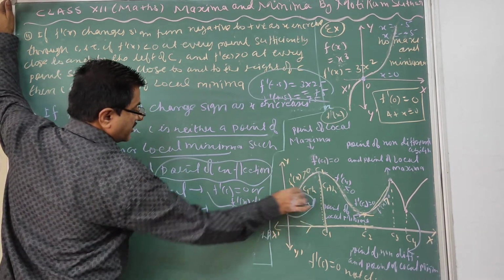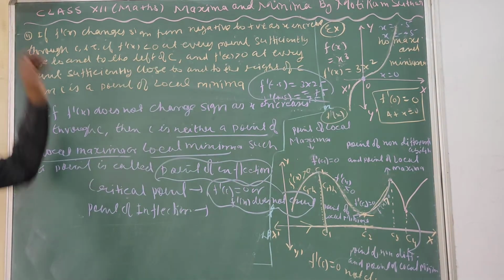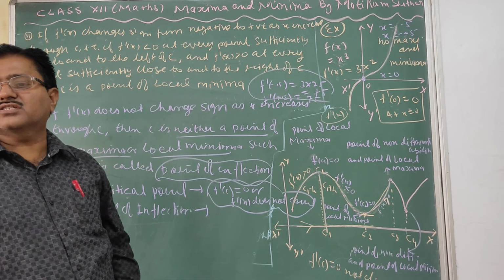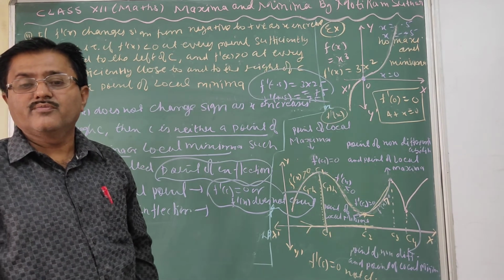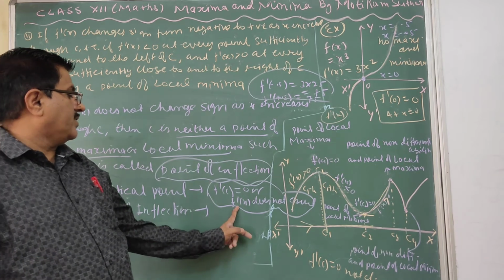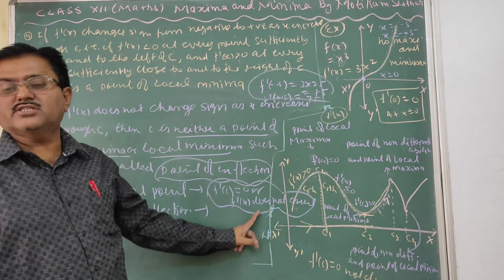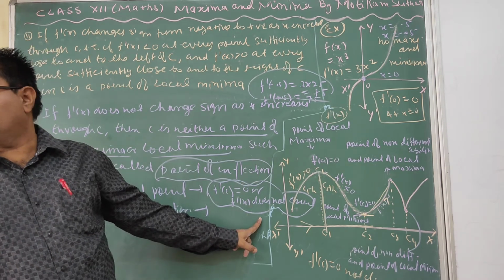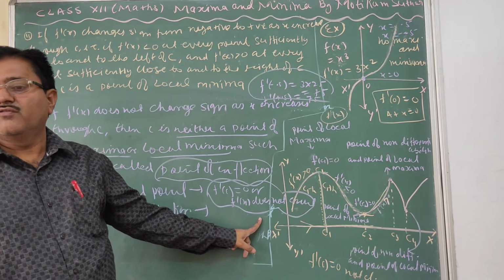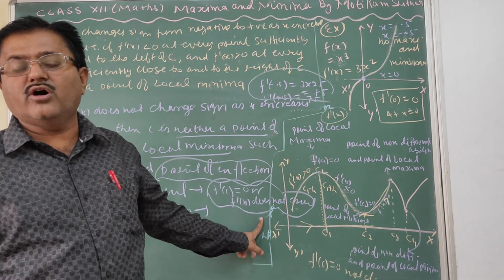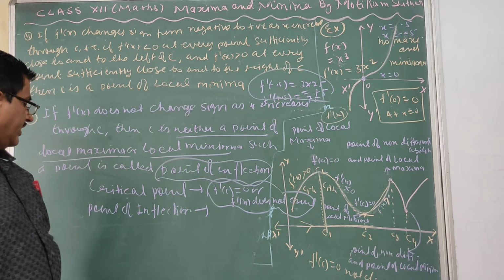This is the critical point. The meaning of critical point is the point at which the derivative of the given function is 0, or f dash x does not exist. It means the function is not differentiable, and we have already seen in the previous chapter that the function is not differentiable when its left hand derivative is not equal to its right hand derivative.